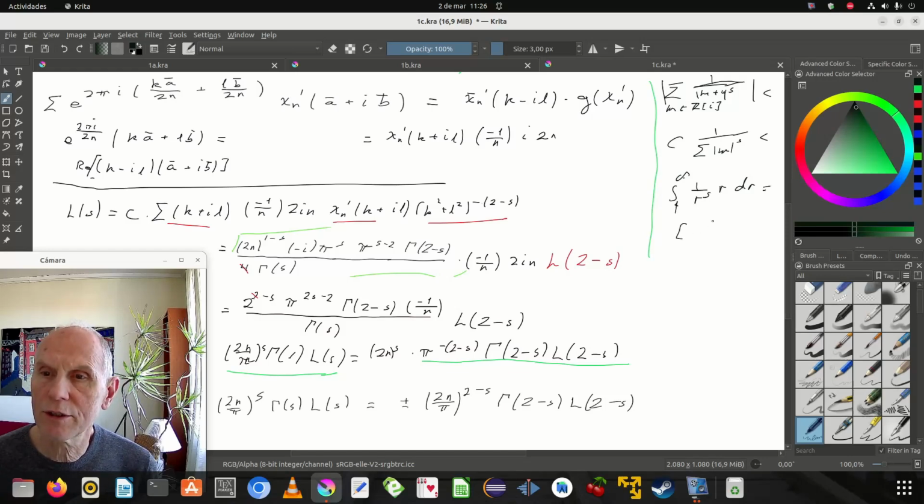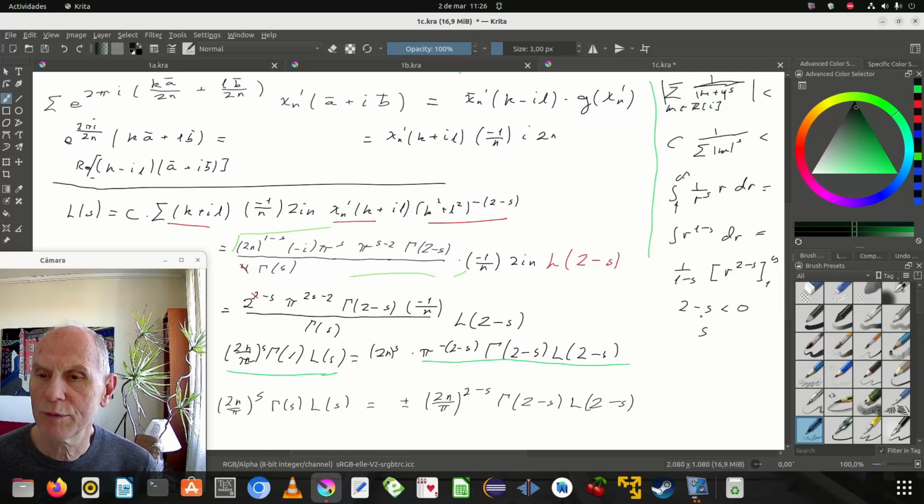And that means that that is r to 1 minus s, and we must have a constant, and this will converge as soon as 2 minus s is negative.